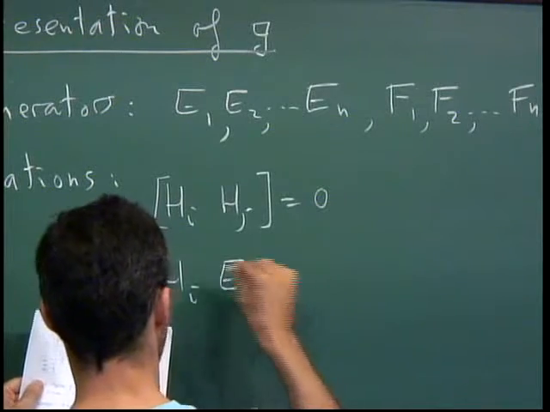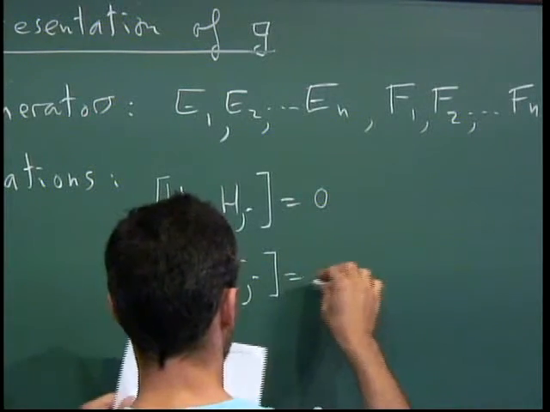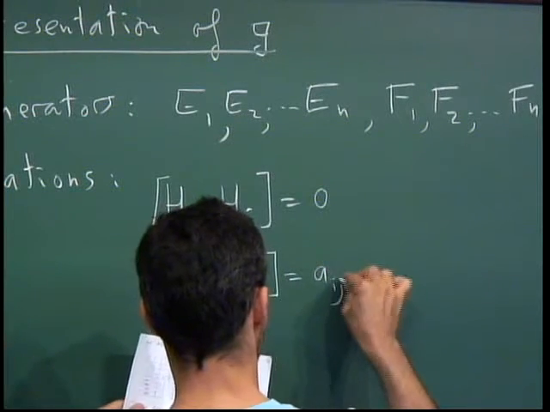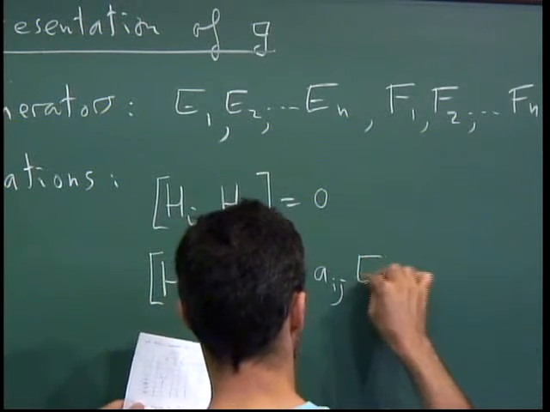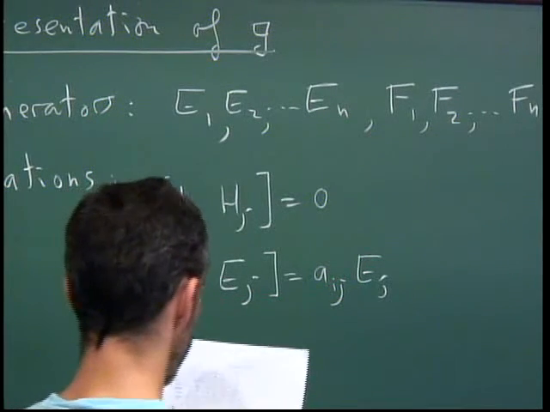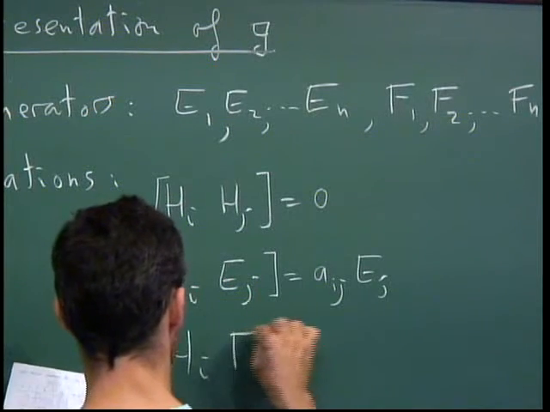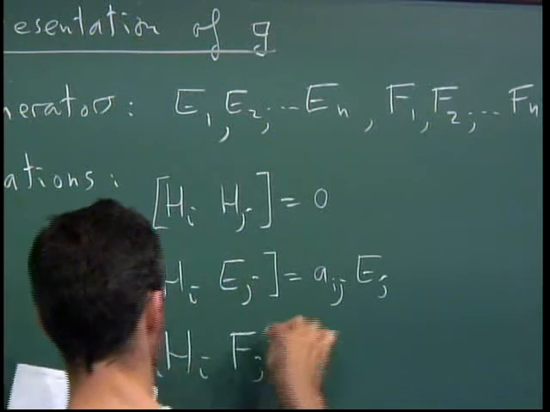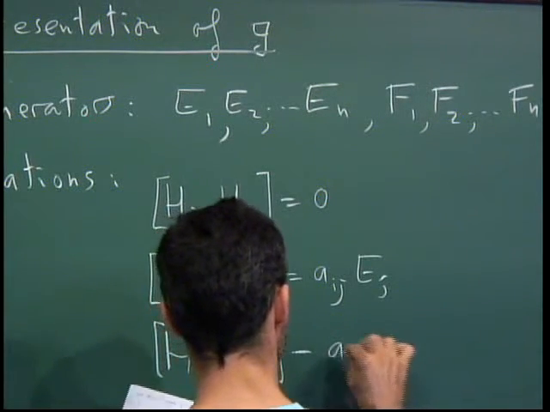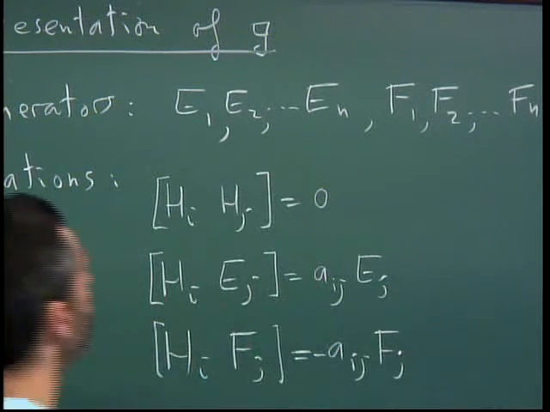[Hi, Ej] is equal to Aij Ej. [Hi, Fj] is minus Aij Fj.